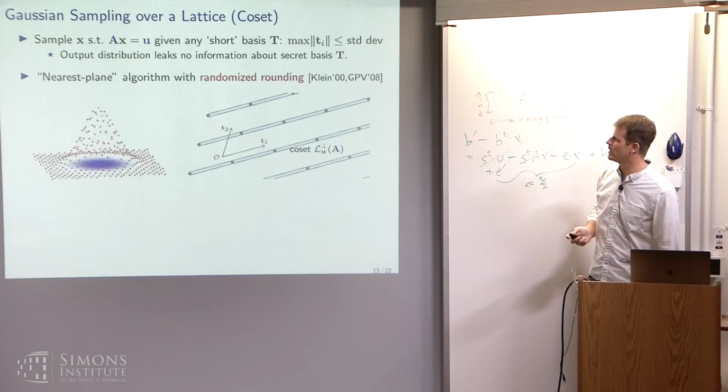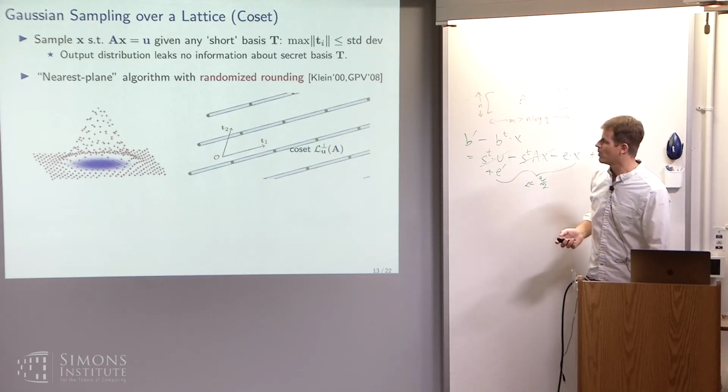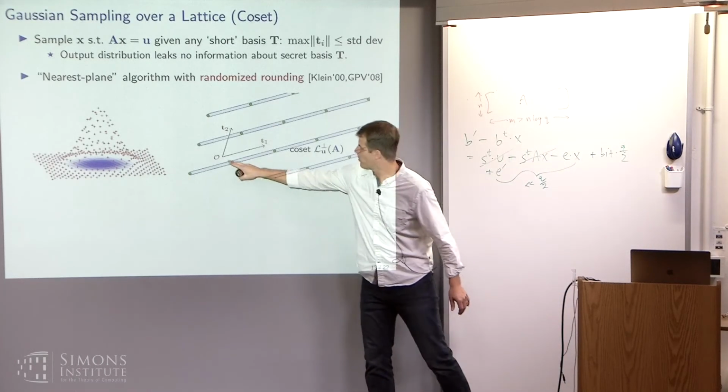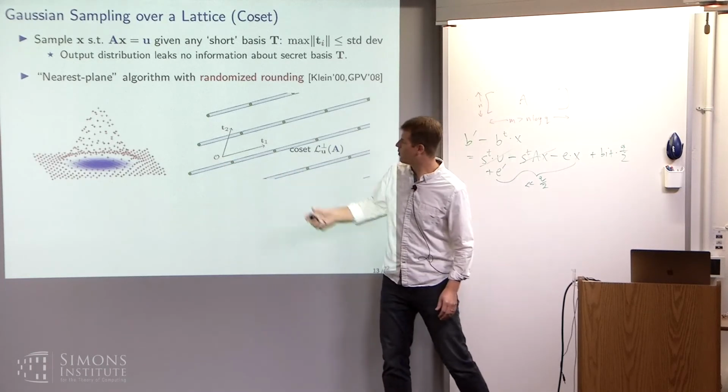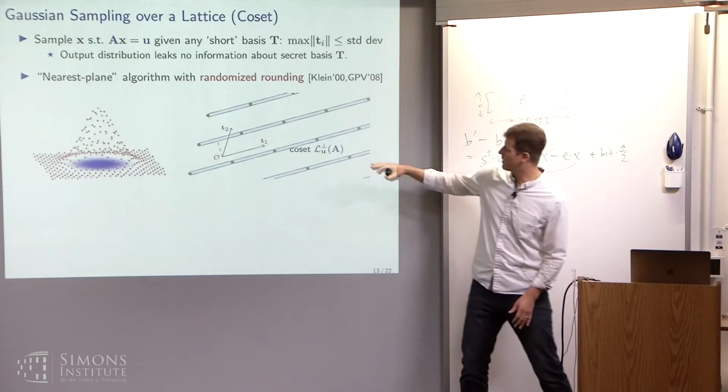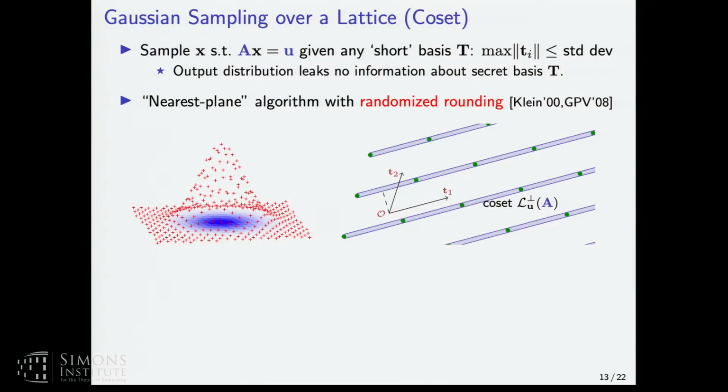Okay, and in the nearest plane algorithm, what you would do is just start at the origin and round off to the nearest plane. That's where the name comes from. But we will round off to a randomly chosen plane with a certain probability. So the most likely plane we choose would be this one, which is closest to the origin, but maybe by chance we happen to choose this plane instead.